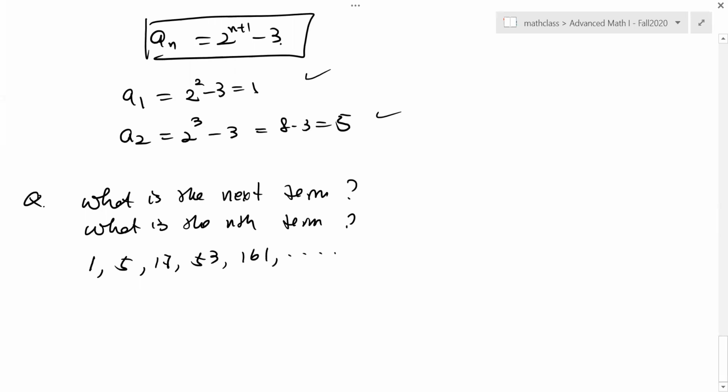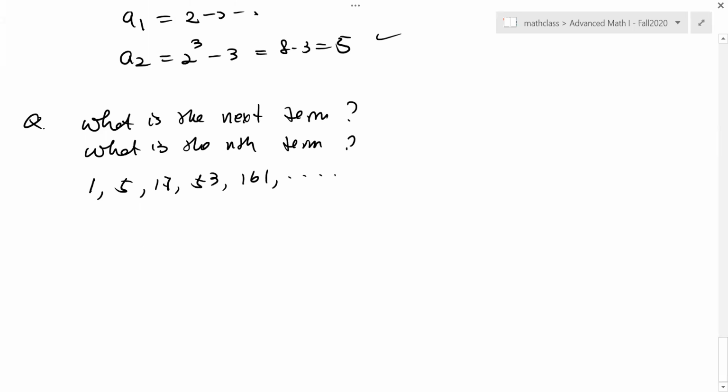Yeah, it's a similar idea. You probably use a similar formula. You should be able to figure it out. The next term may be easy to figure out, and the general formula takes a little bit more time.